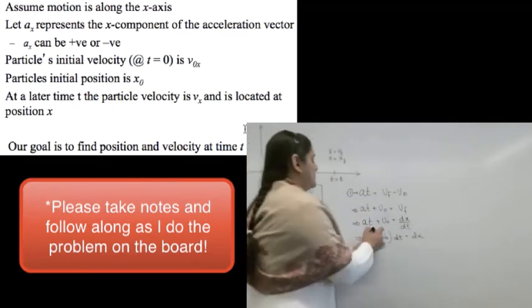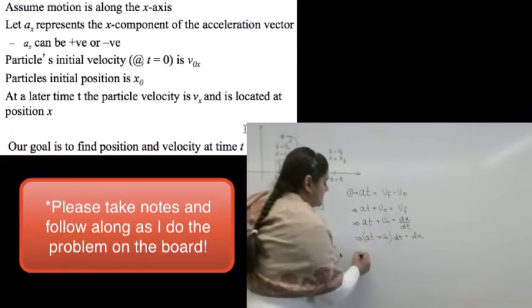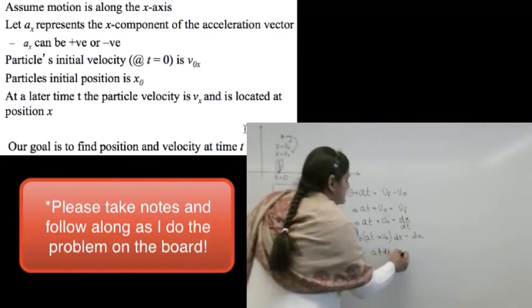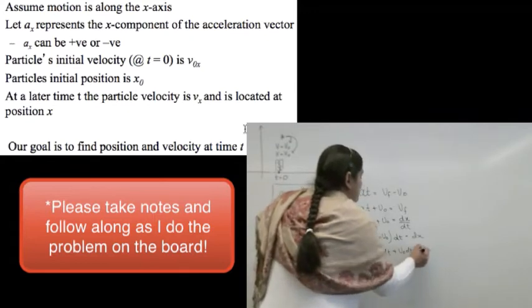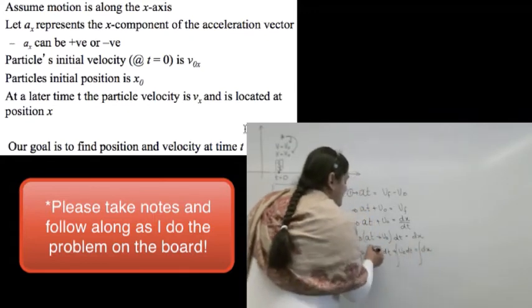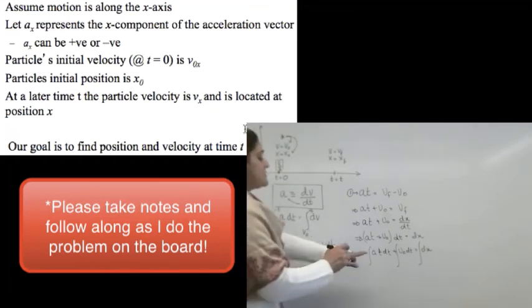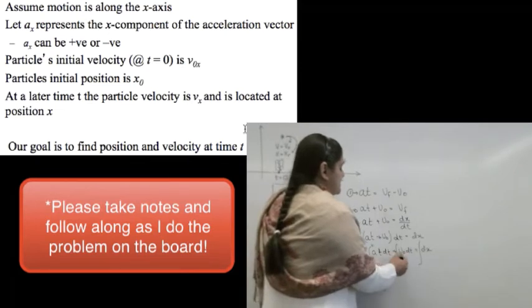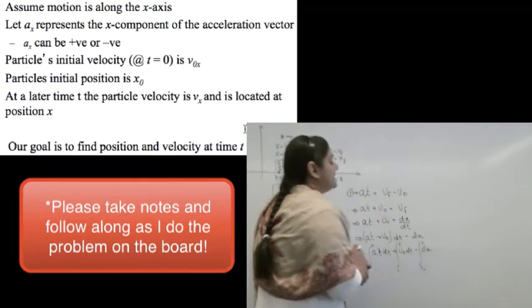Since this is a plane, they don't depend on each other, I can rearrange this and write at dt plus v naught dt equal dx. And I'm going to integrate. Same way, what are the limits of integration going to be? So for this one, it's going to be 0 to t. For this one, it's going to be 0 to t. And for this one, it's going to be x0 to some final x.